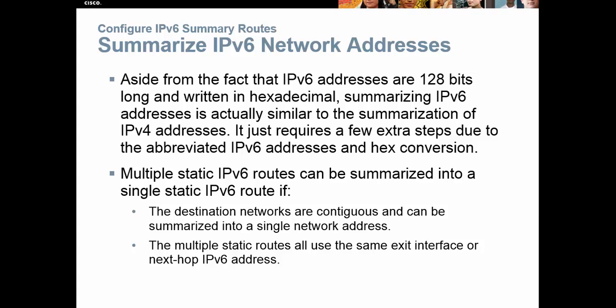You can have multiple static IPv6 routes that can be summarized into a single static IPv6 route if you meet these requirements: the destination networks are contiguous and can be summarized into a single network address, and the multiple static routes all use the same exit interface or next hop IPv6 address.